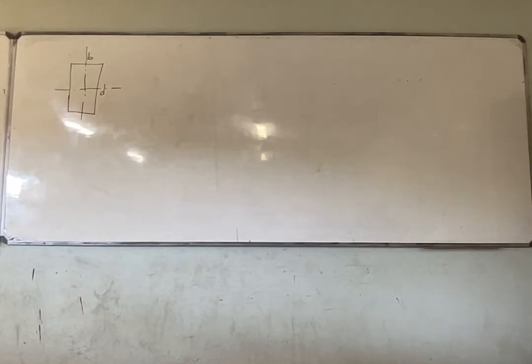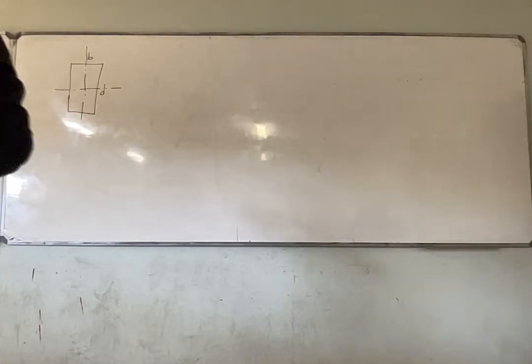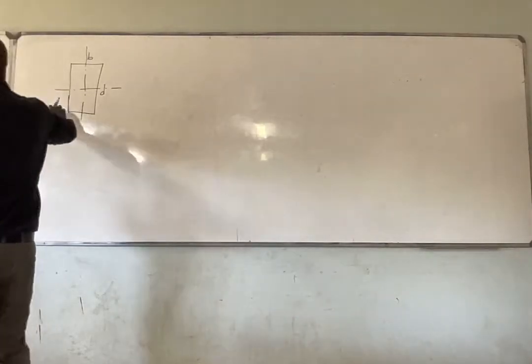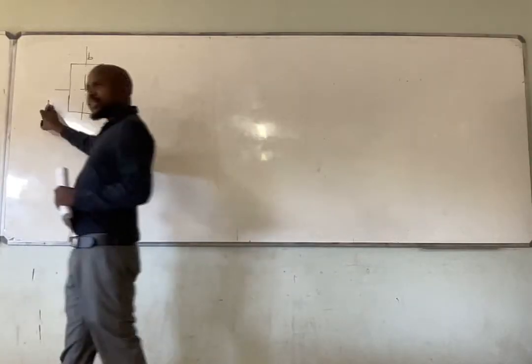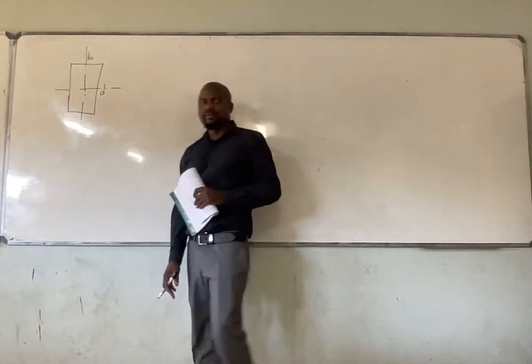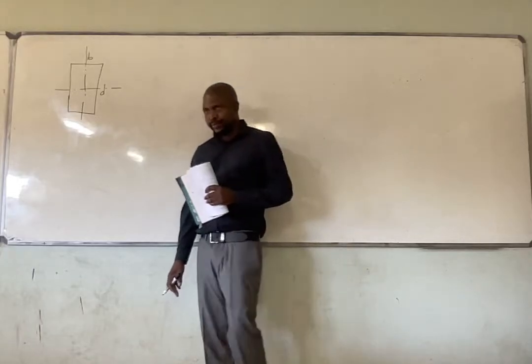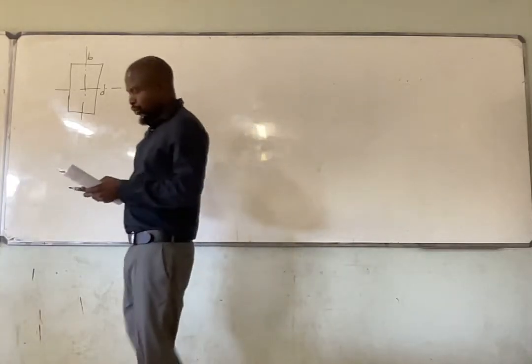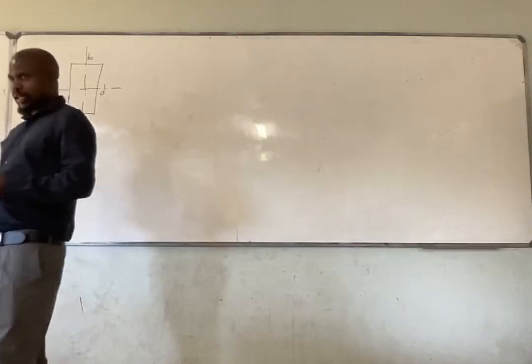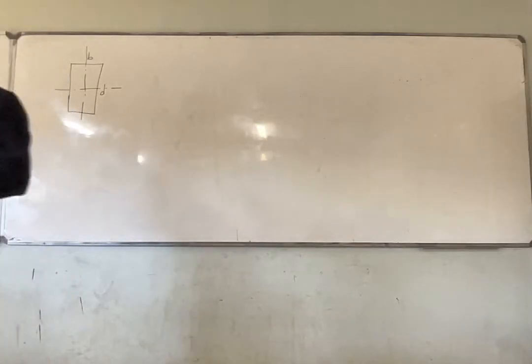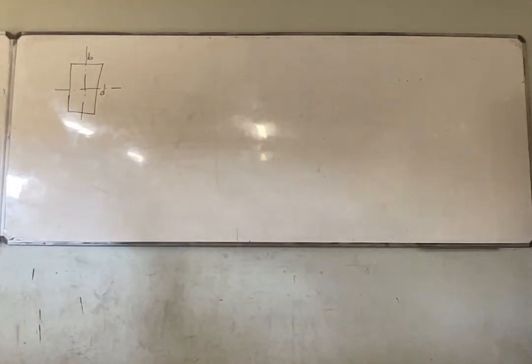A non-standard is one whose cross-sectional area you can mathematically calculate. So with these ones, you need to use the formula to calculate the moment of inertia. With the standard one, you need to read from the structural steel table.